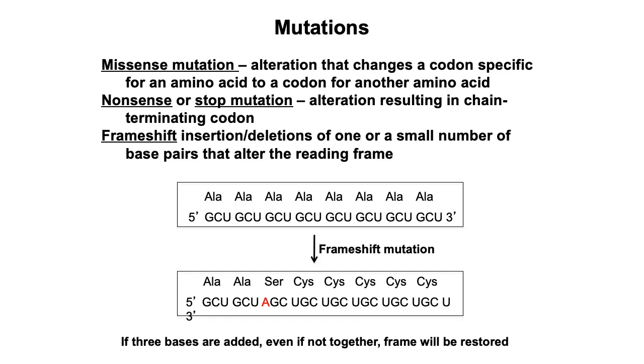So you can add 2 more bases somewhere in there, and then everything after the third base that is added will be back to alanines. Or you can remove a base anywhere, and everything after it goes back to the correct number of bases, so everything after that will be an alanine again. So you have to either add or remove multiples of 3 to retain the majority of the amino acids correct.